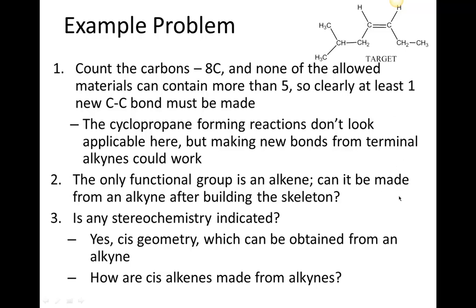And in fact, in this chapter 9, we did talk about making specifically cis alkenes from alkynes. So there may be something to that. So we're seeing this with no triple bond in it, but now we're starting to think, oh, these 2 carbons right here could have been the 2 carbons that were originally part of a triple bond.